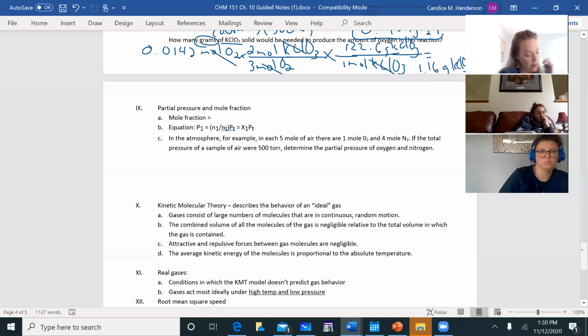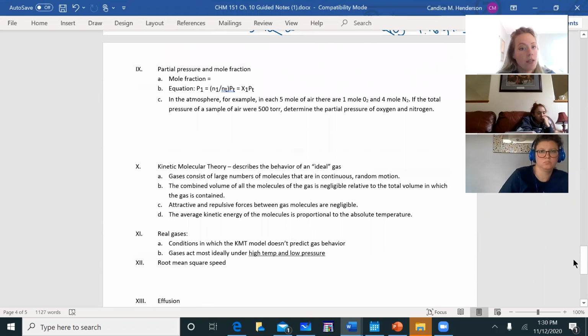So one of the last things that I want to go over is partial pressure and mole fraction. A mole fraction is the moles of an individual gas divided by the total moles of gas.